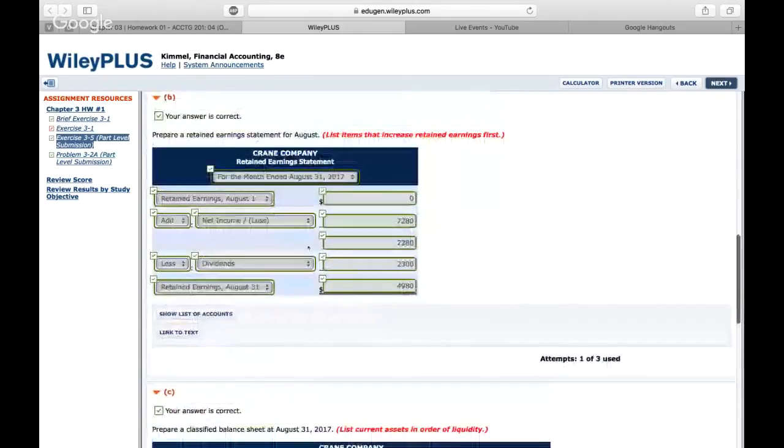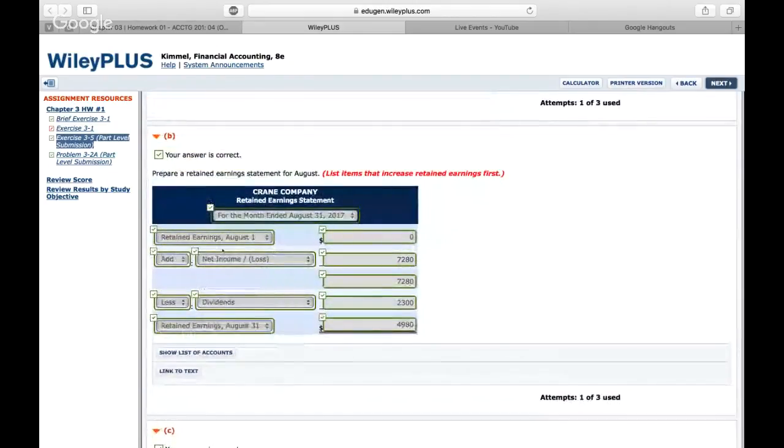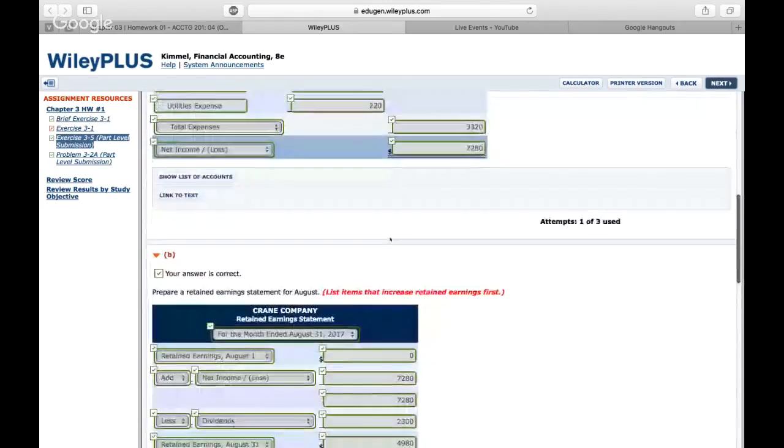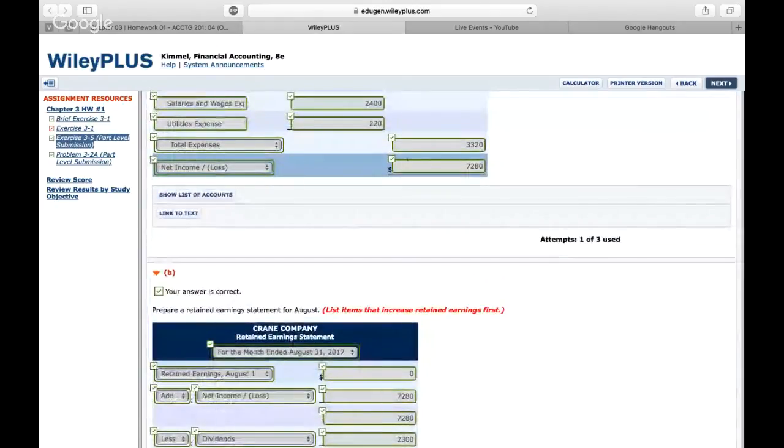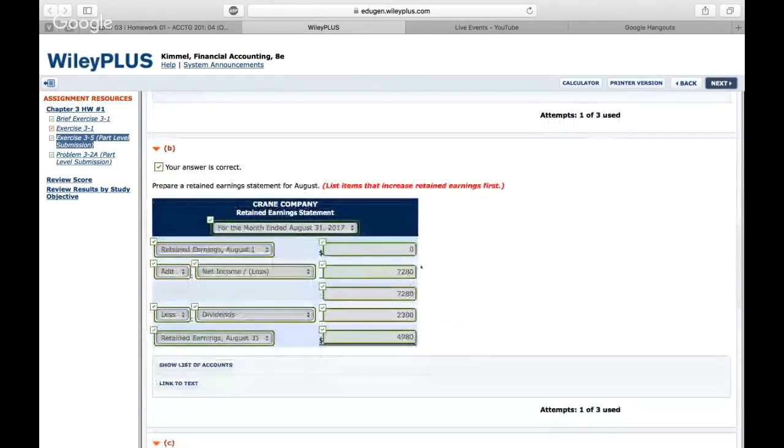But then you get to add your net income. We got the net income from the income statement right here, 7,280. So then you take the retained earnings from August 1st, which is 0. Then you add the net income, which is 7,280, which shockingly gives you $7,280.